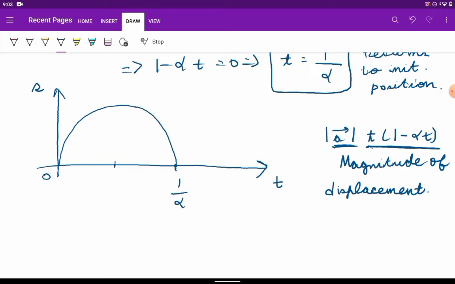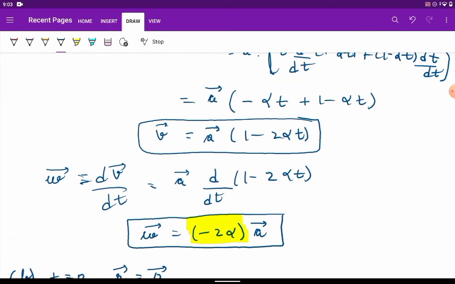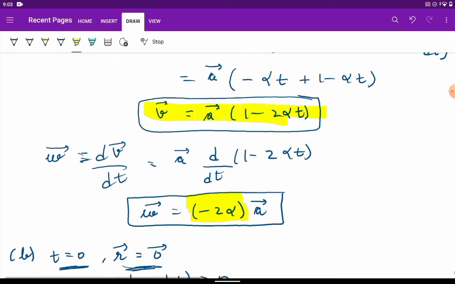So it will be symmetric across 1 by 2 alpha. You can also see that at 1 by 2 alpha the velocity should be 0, which it is. If you substitute 1 by 2 alpha over here, then the velocity becomes 0.